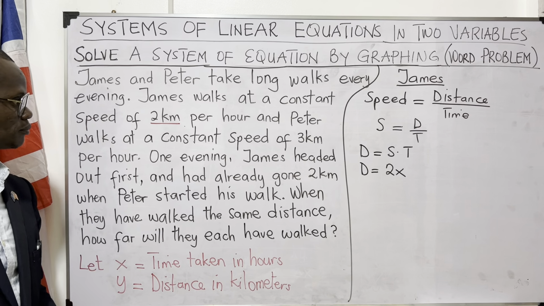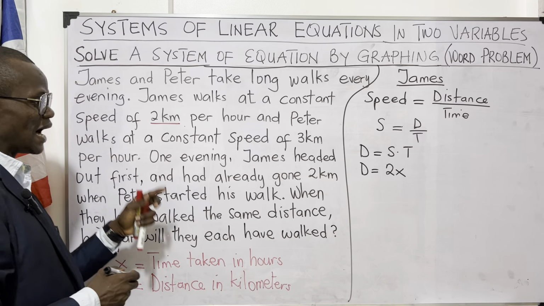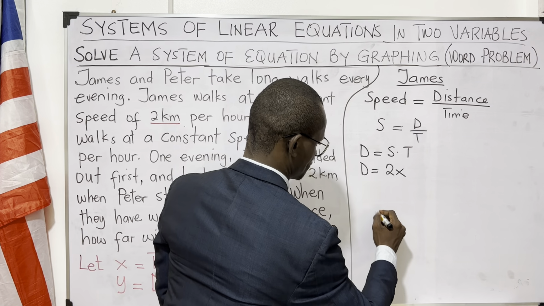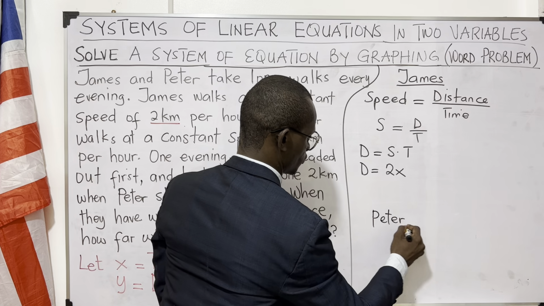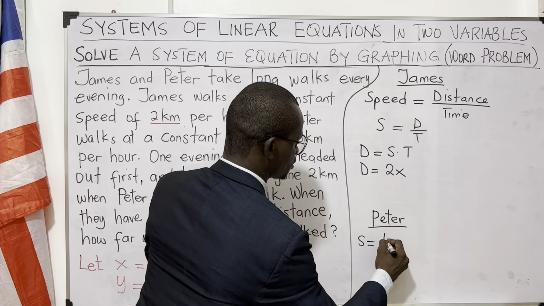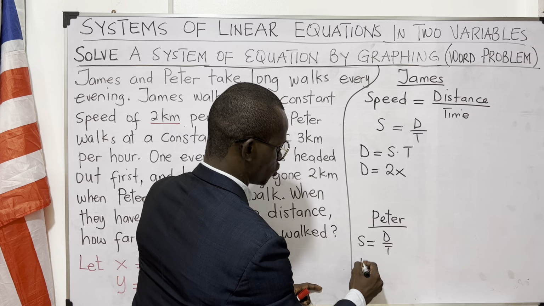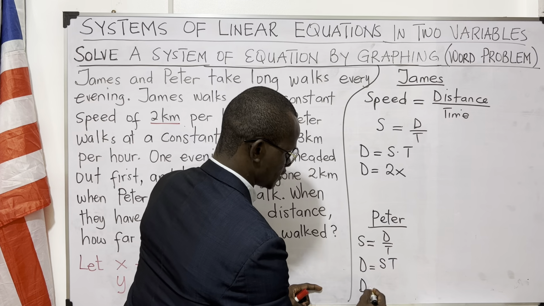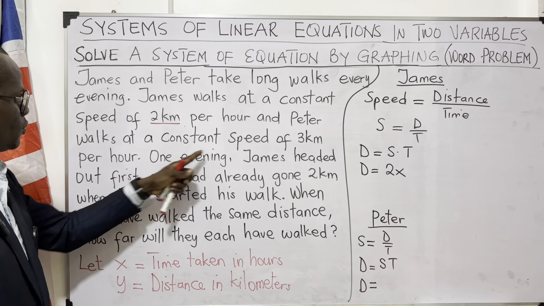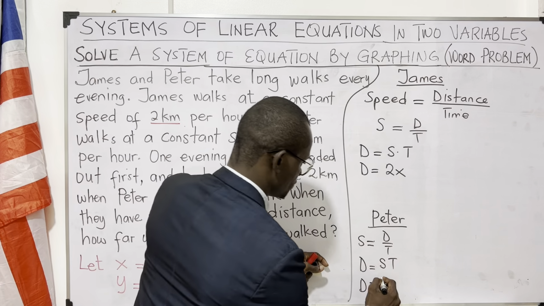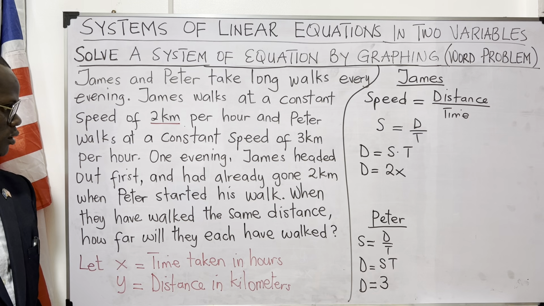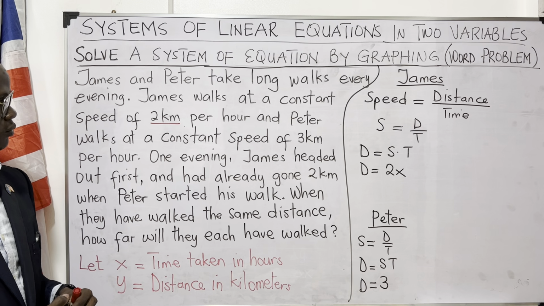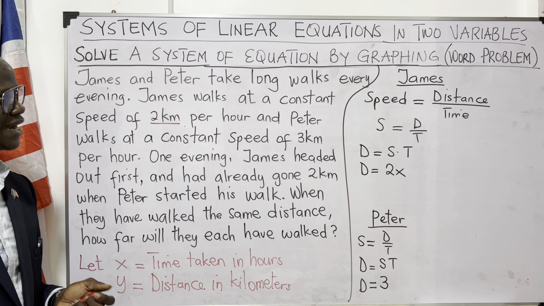So we will do the same for Peter. Peter walks at a constant speed of 3 kilometers per hour. Again, for Peter, speed equals distance over time, so his distance should be the speed times the time. His distance will be 3 times X, because we don't know the number of hours that he actually walked for.